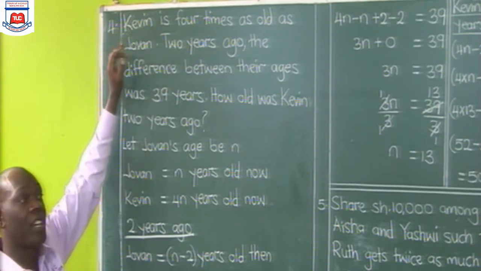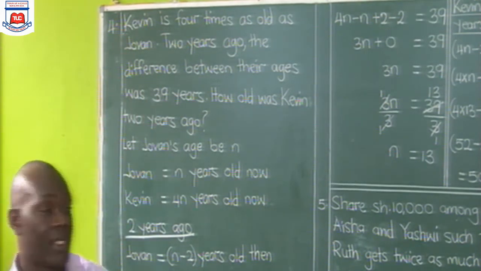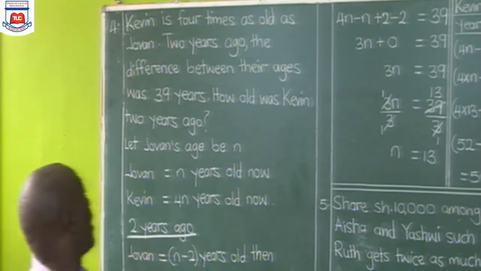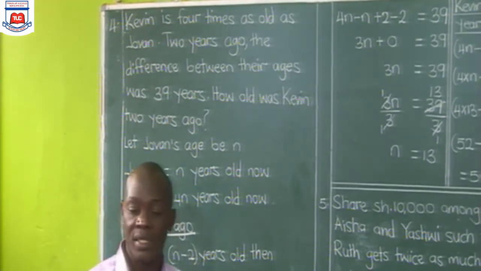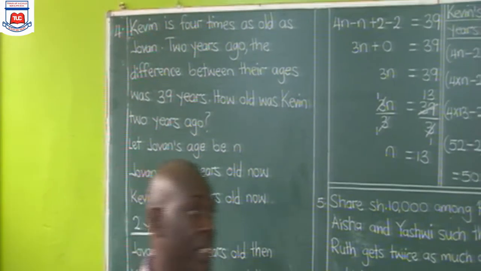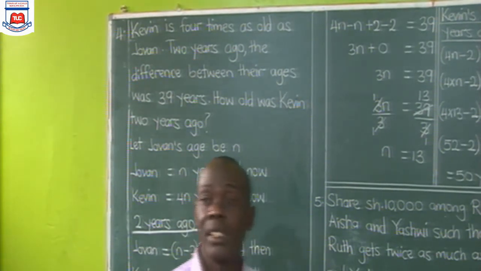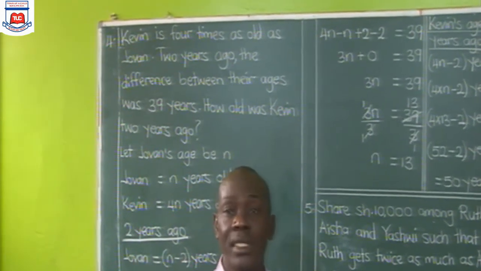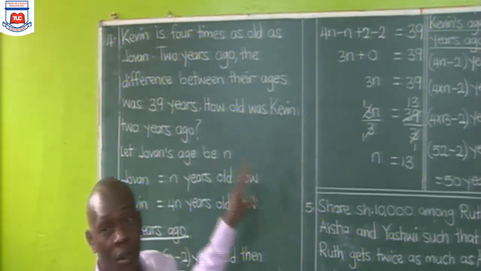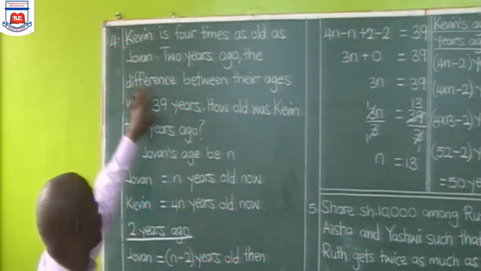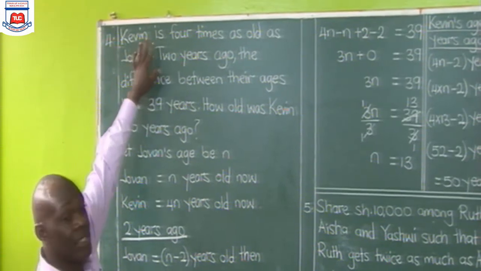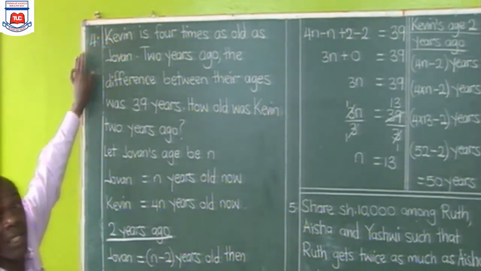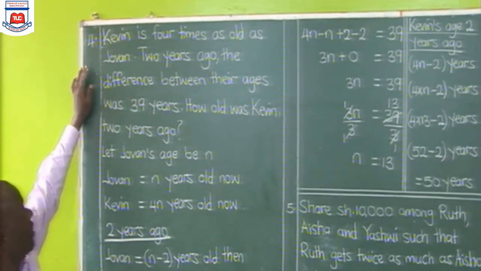For example, if Kevin is 40 years and Giovanni is 10 years, you will find out that 40 is 4 times 10, and 10 is a quarter of 40. That's why I say Giovanni's age is a quarter of Kevin's.